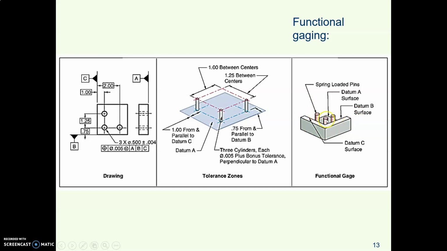And we'll learn how to figure out what size to make these gauge pins. Well, then your inspector takes this part, drops it over this gauge, which is a kind of a mimic of the mating part that this thing is actually going to fit with. So here's the functional gauge. You drop it on, either it works or it doesn't, and that's it.